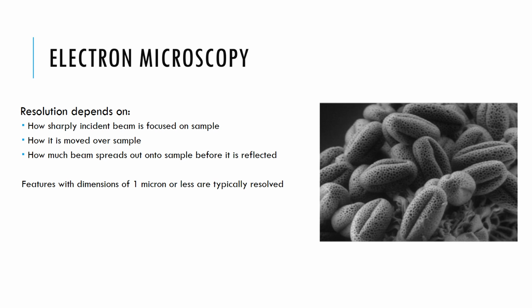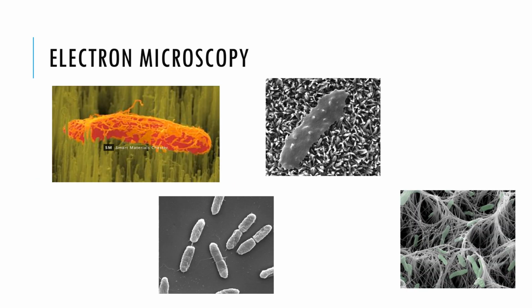Although with modern electron microscopes, the resolution is actually far greater than that. And you can see some examples there of SEM images of single bacterial cells on the surface of inorganic materials.